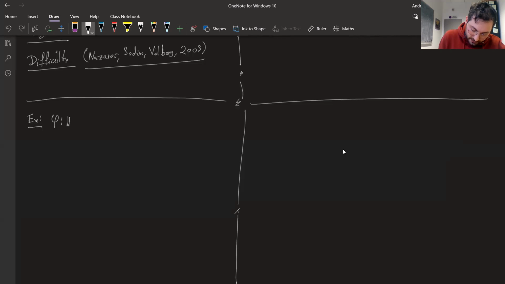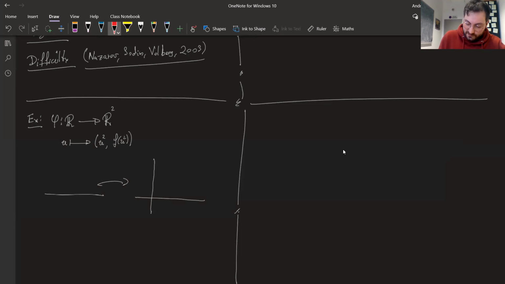We just take a map from R to R2. We take u and send it to (u squared, f of u squared). And maybe the interesting thing is that since it's a u squared, we're sending twice to the positive part here.